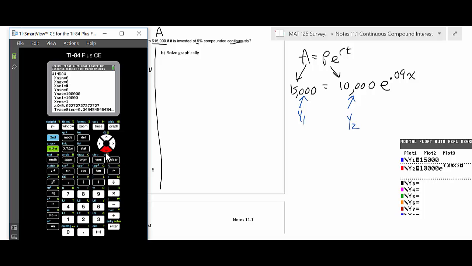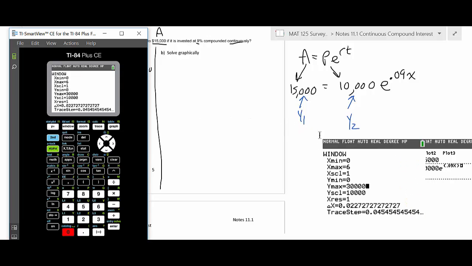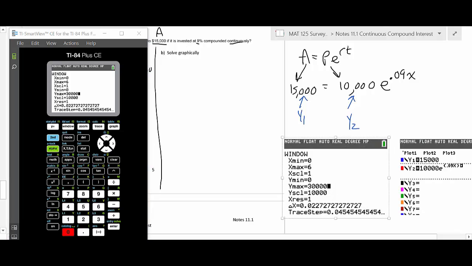Now the other thing is, we know that horizontal line is 15,000, so we need to go up at least 15,000, otherwise we aren't going to see the line. So let's double that and go up to 30,000. Then I'll slide this over here so you can refer to that and type that in. So that's how I'm going to get everything set up.